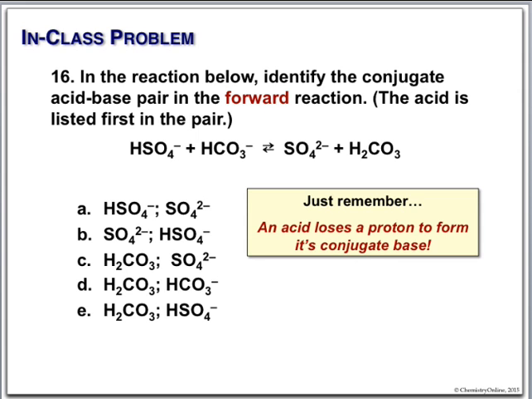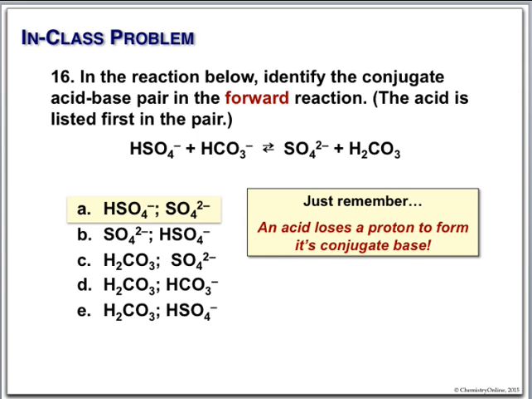So what we need to do is simply look at our reaction here. In our forward direction, which of these is donating the proton? Hydrogen sulfate loses its proton in the forward direction to form sulfate. This is the acid and its conjugate base.